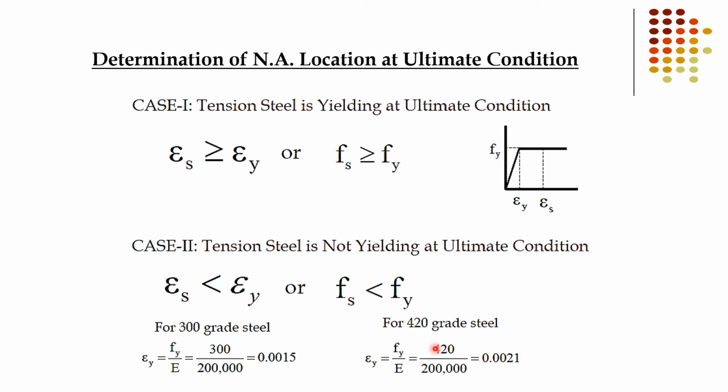And for 420 grade steel, 420 divided by 200,000, so the value is 0.0021. So that is the yield strain of steel. If our strain in steel is less than yield, so that is the second case, and if our strain in steel is greater than the yield, so that is the first case.